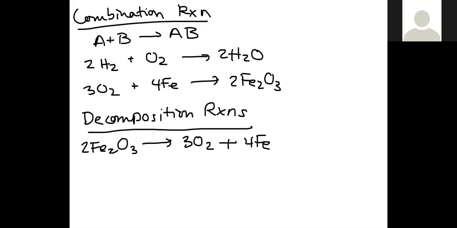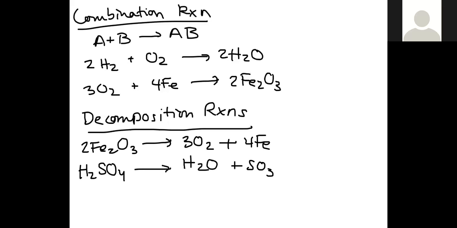But you don't have to decompose into elements. You don't have to have elements combined. You can have something decompose into multiple compounds, or you can have more than one compound come together to make one compound. For example, H2SO4 can decompose into H2O and SO3.